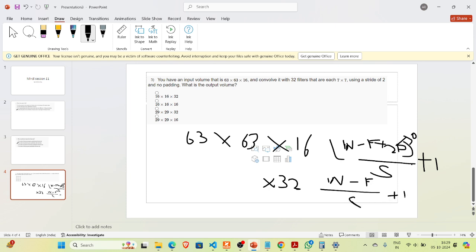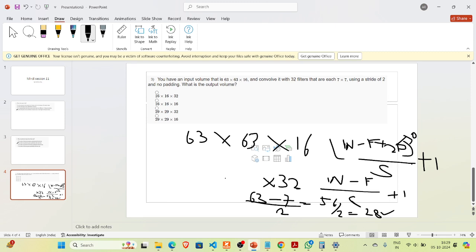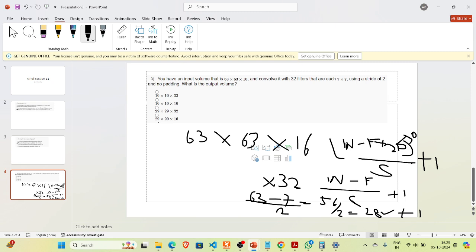The stride here is 2. The width of the feature space is 63, and F is the size of the filter, that is 7. So this becomes 56 by 2, which is 28. Plus 1 is there, so that becomes 29. So this is the answer.